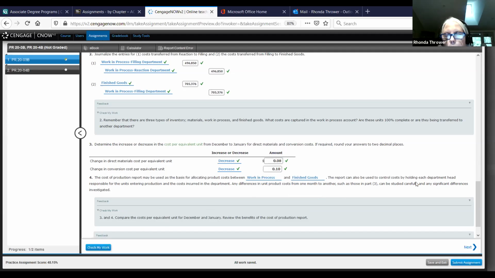The report can also be used to control costs by holding each department head responsible for the units entering production and the cost incurred in the department.